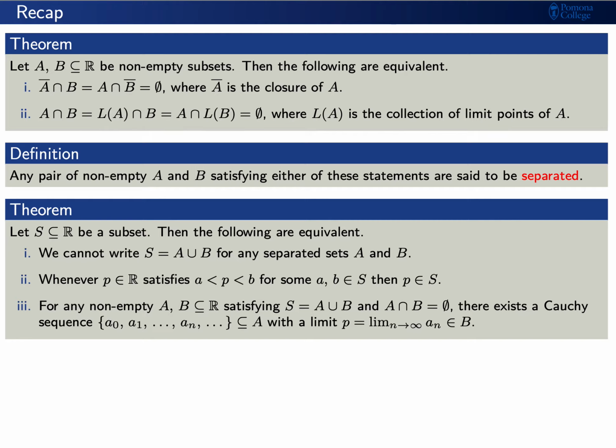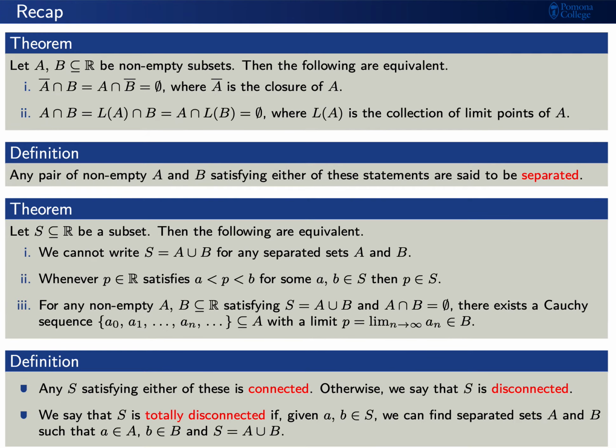First, we cannot write S as the union of two separated sets A and B. Second, given a and b in S, whenever p is a real number between a and b, then p must also be in S. And third, for any non-empty subsets A and B satisfying S is the union of A and B, and the intersection of A and B is the empty set, we can find a Cauchy sequence contained in A whose limit is contained in B. Any subset S satisfying either of these three equivalent statements is said to be a connected set. Otherwise, we'll say that S is a disconnected set.